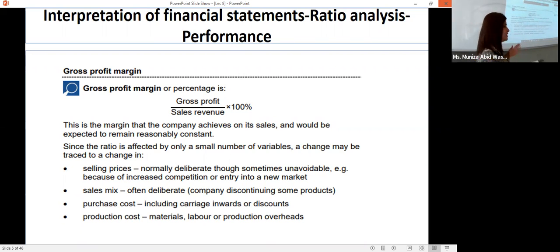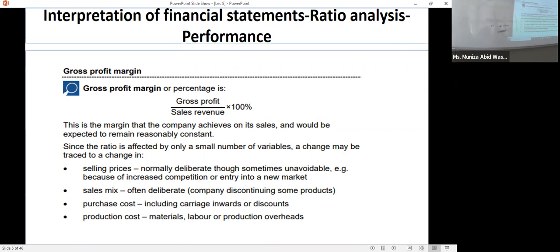So you have to analyze what is the position of these costs and what is the major reason behind the increase or decrease in the gross profit margin. So you will not only be required to make the calculations, but you have to see the reasons behind the increase or decrease. Okay. So this is gross profit margin.